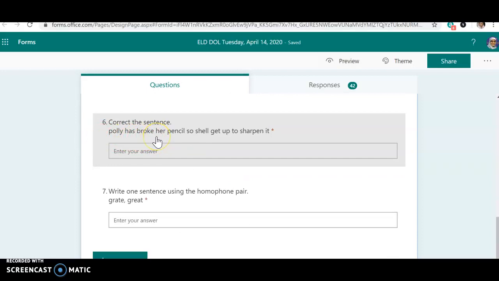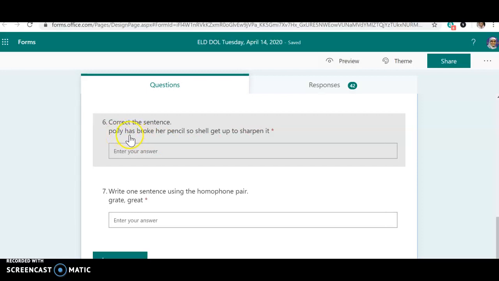Polly has broke her pencil, so she'll get up to sharpen it. Capital P, has broken. Remember the different tenses of the verb that we had before: eat, ate, eaten, write, wrote, written. This is break, broke, broken.